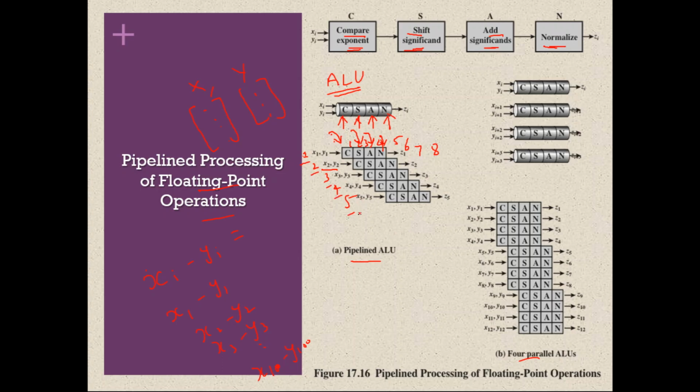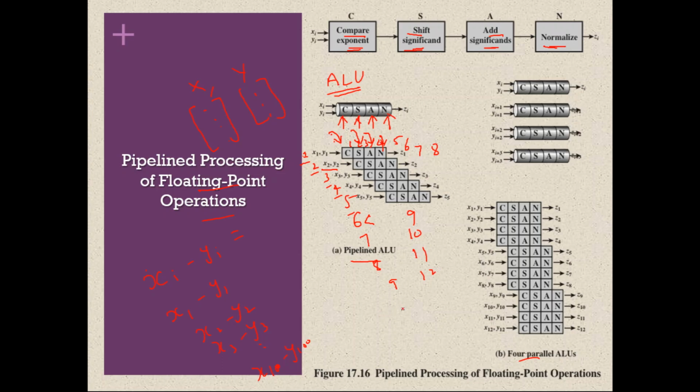So 6 instructions can be completed in 9 clock cycles. The difference is only 3 clock cycles. Are you getting it? 7 instructions can be completed in 10 clock cycles, 8 instructions in 11 clock cycles, and 9 instructions can be completed in 12 clock cycles.